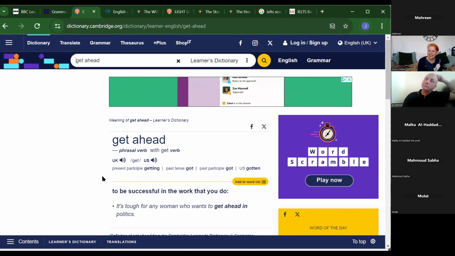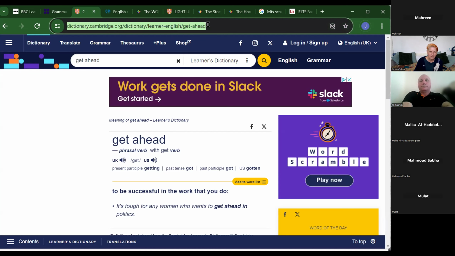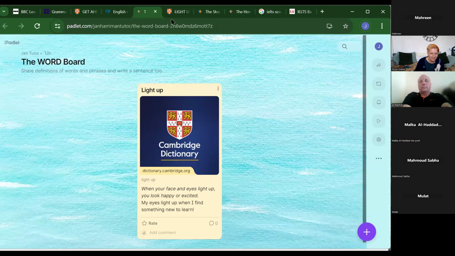So the word page, the word board, is a great place to look up a word. If we wanted to put this on the word board, we could copy the link and go to the word board and hit that plus sign in the corner.